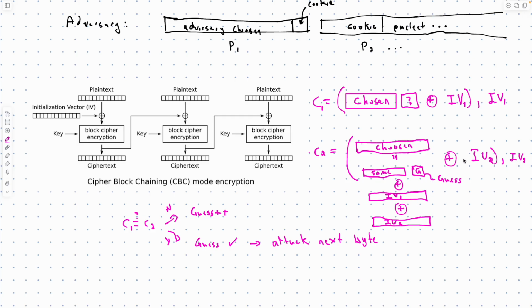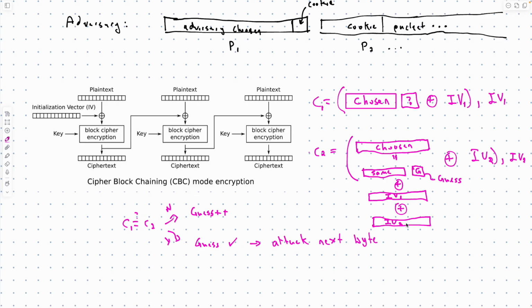But just here, when I apply this XOR to this plain text, do you notice anything happening? So I have IV2 here. I'm XORing it with this value. What's this value again? It's the thing I chose, XORed with IV1, XORed with IV2.